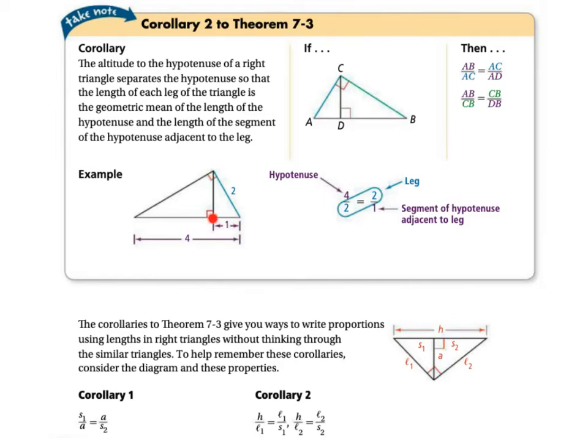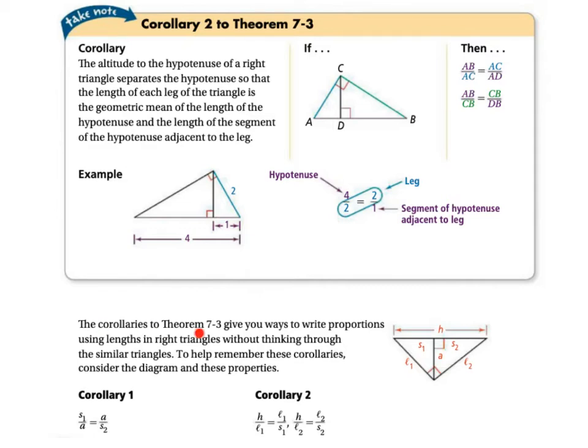This segment came from this triangle, so that leg squared equals this times this. The full hypotenuse of the big triangle times the length of the segment that's formed by that altitude equals that squared. That's the basic idea there.